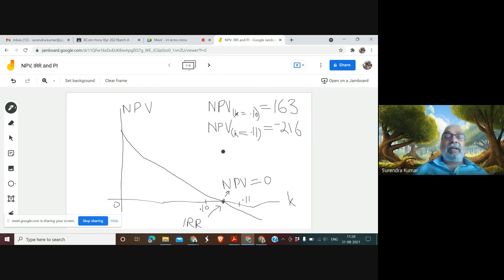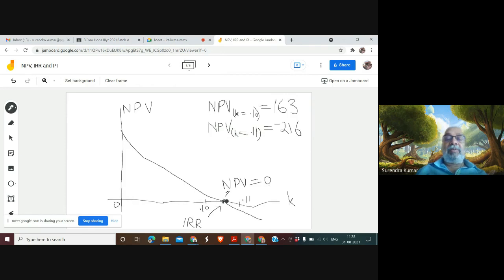Now on this diagram, I have hypothetically taken that this particular IRR is falling somewhere between 10% and 11%. As the diagram shows, this NPV line is crossing the x-axis at some point which is between 0.10 and 0.11.